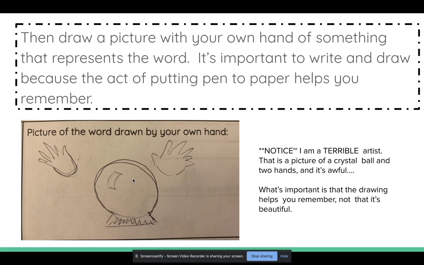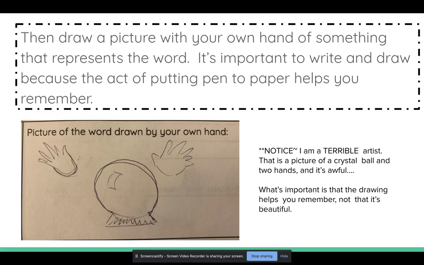What you're looking at here, and of course you wouldn't know because it doesn't actually look like what I hoped it would, is a picture of a crystal ball, that's this, and then 2 fortune teller hands waving over it. That picture is crazy awful. What's important to me again is that this drawing helps you remember what the word means, that you think of something that represents the word to you and that you physically draw it.